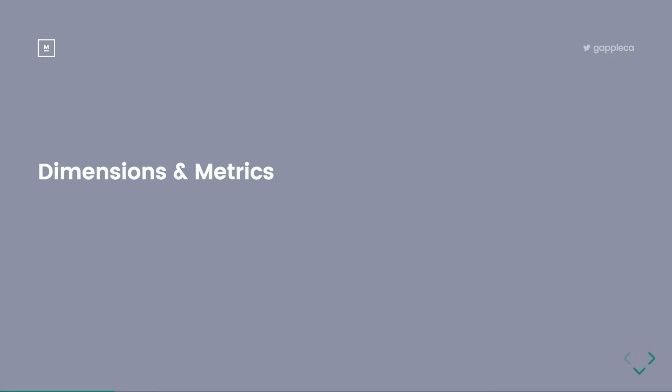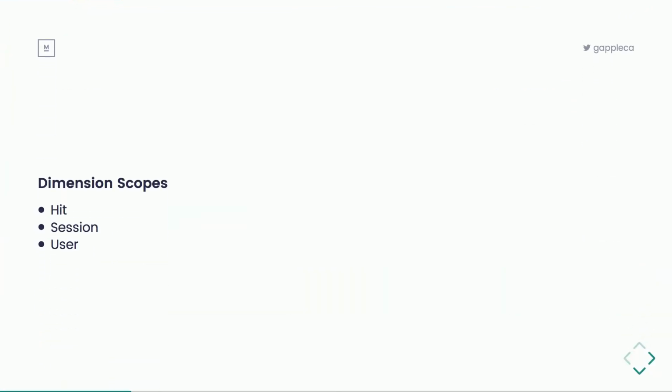And if you're trying to optimize something, is that metric improving over time? That is really important. So dimensions apply to a couple of things. The most common one that I've done is a hit level scope. That's something describing the page itself. So this is the category, this is the season of this media. Another one is session information. One of the built-in Google Analytics ones is an example of that: where did someone visit the site from?